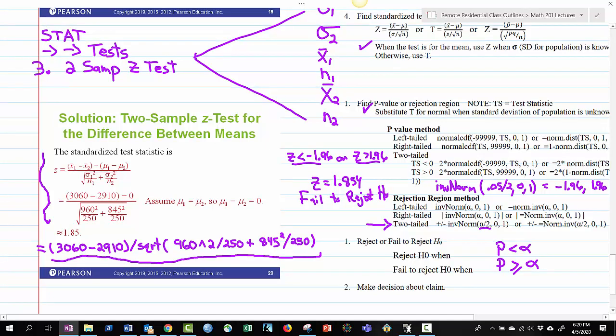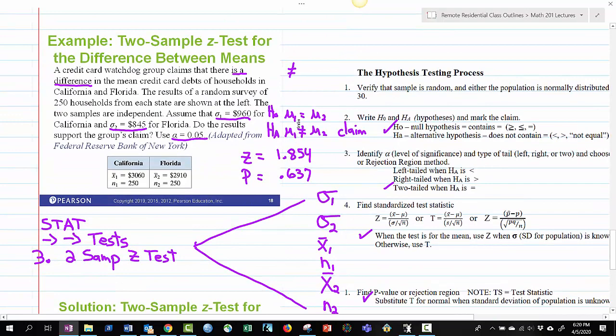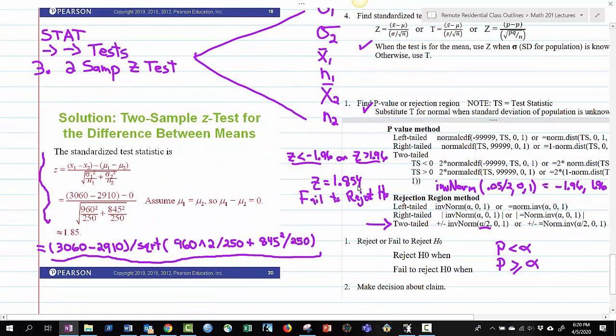And remember, the claim this time matched the alternative. So since we failed to reject the null, we're more or less supporting the null, I guess, right? Or at least we're saying, look, we can't reject it, so we're stuck on the null. So what you say is there's not enough evidence to support the claim.